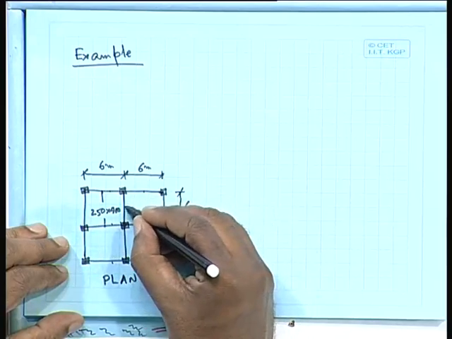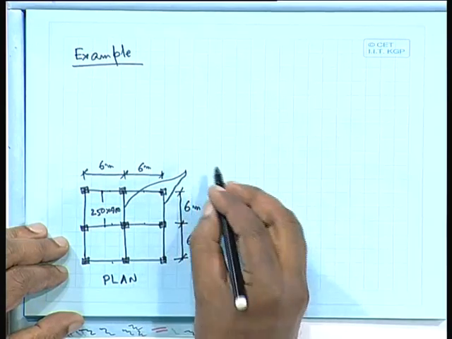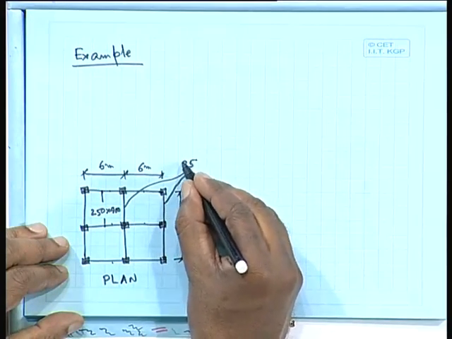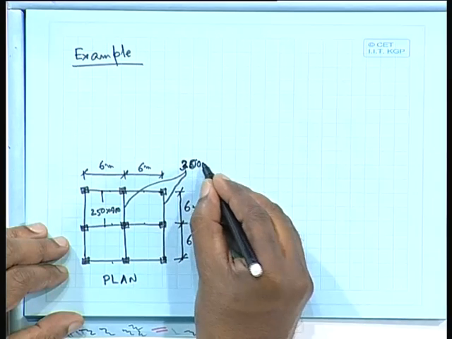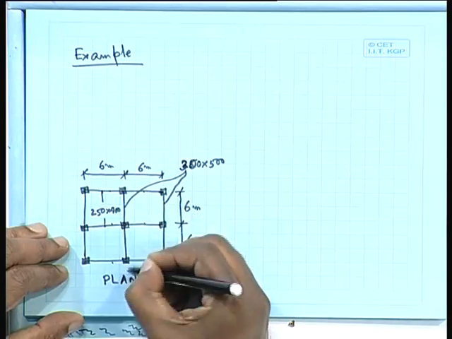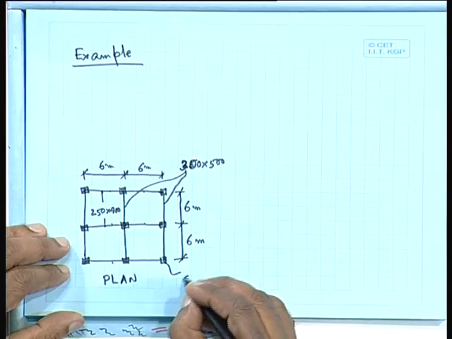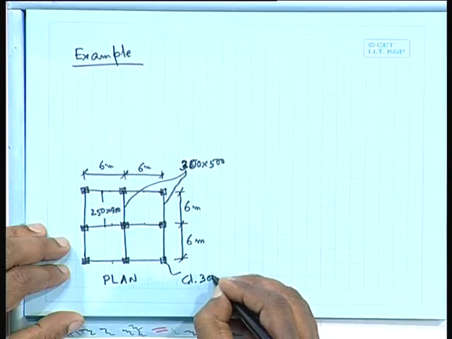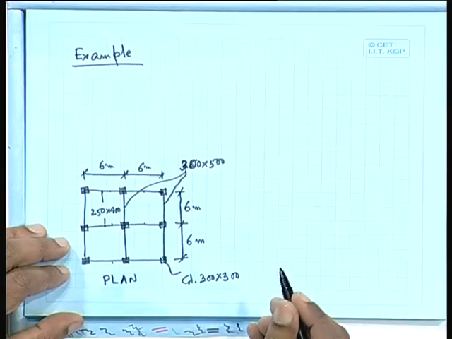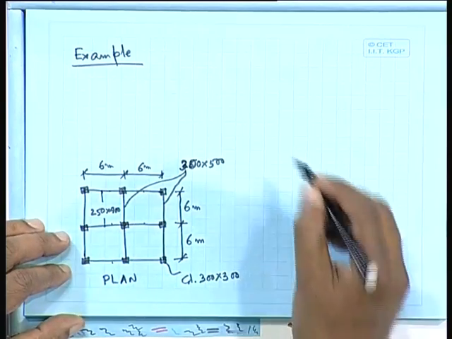Whereas on the other side, due to loading, maybe it is coming as 300 by 500, and columns 300 by 300.